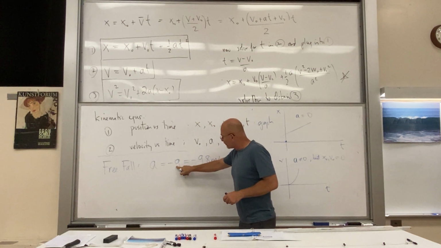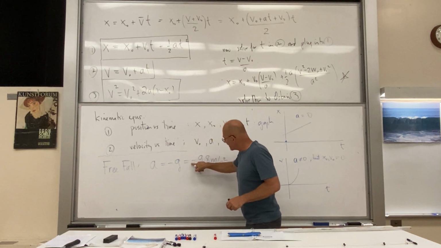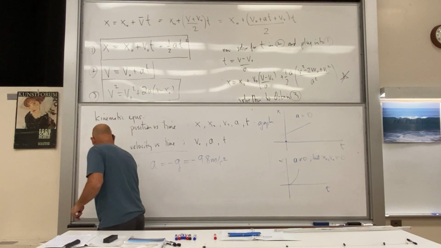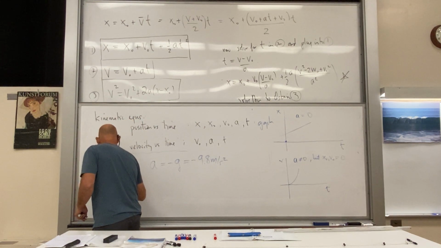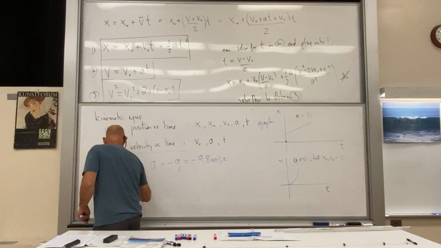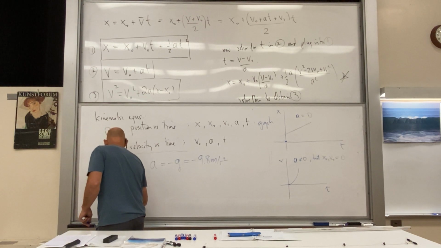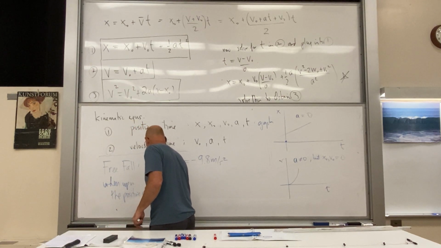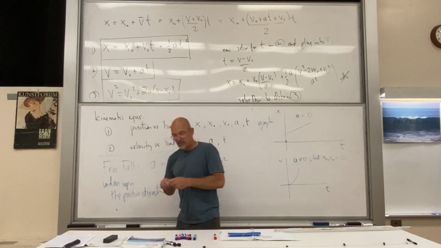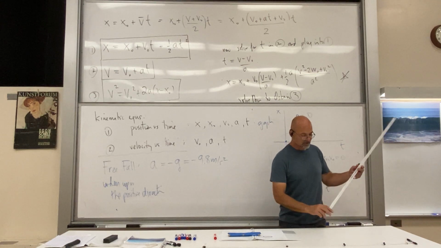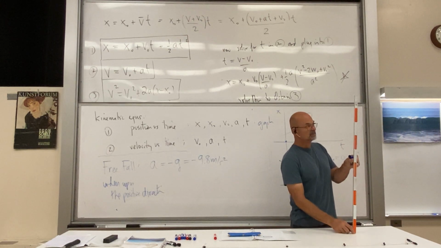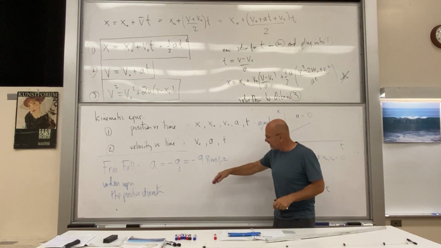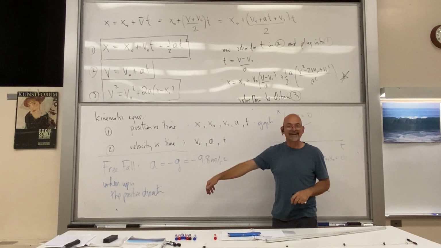Notice g is a positive number, and I put a minus sign in front of it. So this is free fall when up is the positive direction. So if I put my meter stick here, here's 0, here's 1 meter, then up is the positive direction. And then what this means is the acceleration is in the downward direction.